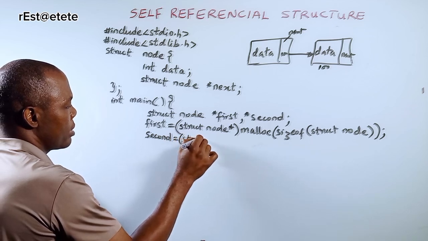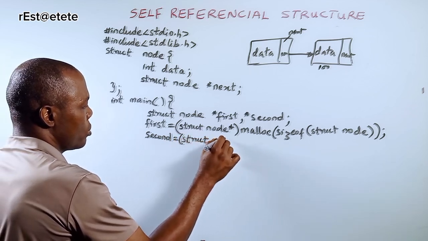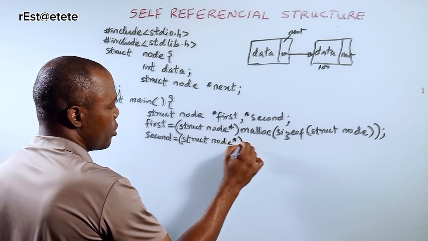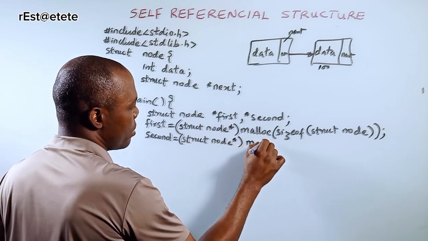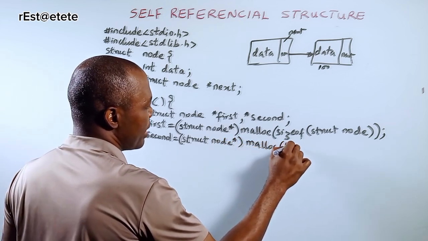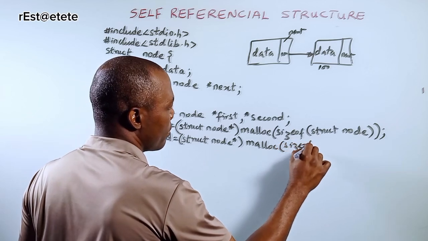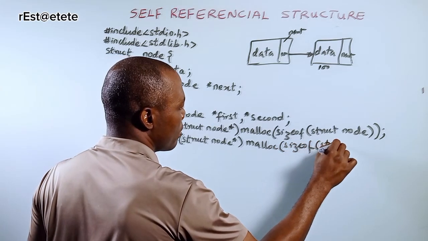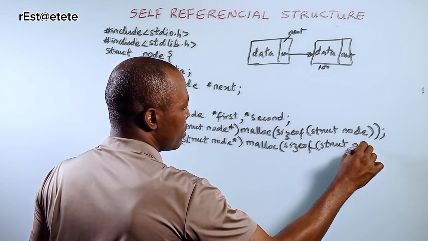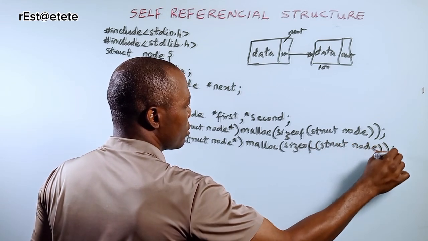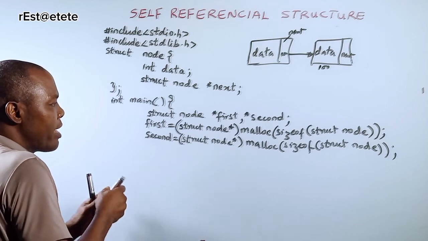I'll do the same thing. struct node pointer, I'll call my malloc with the size of struct node, right? So what have I done?